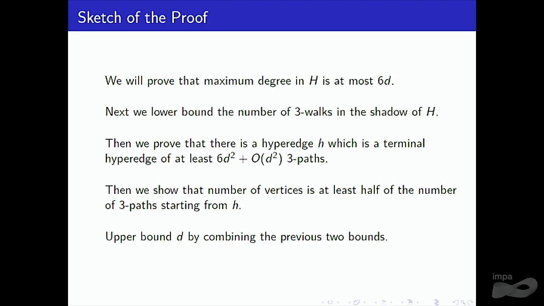This implies that there is one hyperedge from which many 3-paths start. Start and finish are the same, so it's symmetrical. Then we combine these things and upper bound.